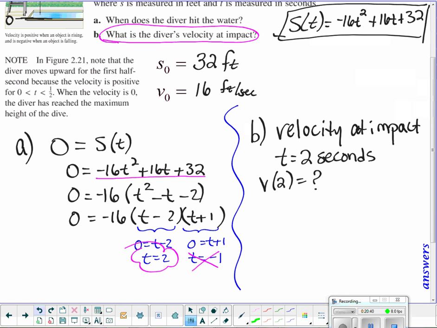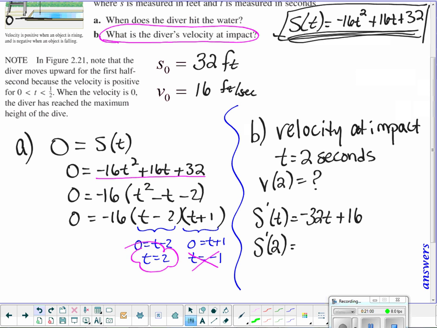How do I get the velocity function? Well, the velocity function is the first derivative of position. So if we take the derivative of our position function, we'll have negative 32t plus 16. Now, s prime of 2, which would be equal to the velocity at 2, is going to be negative 32 times 2 plus 16.